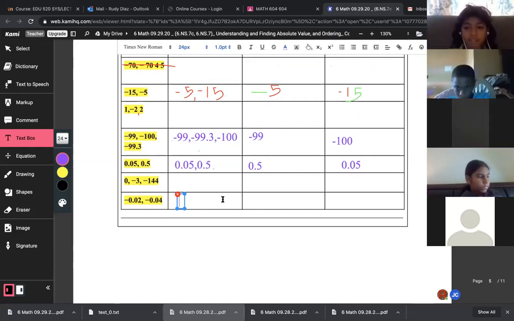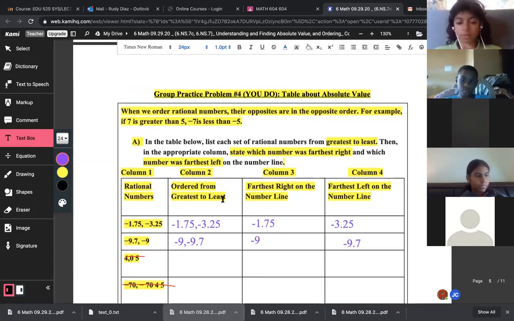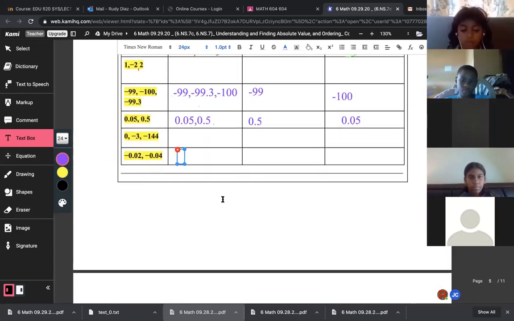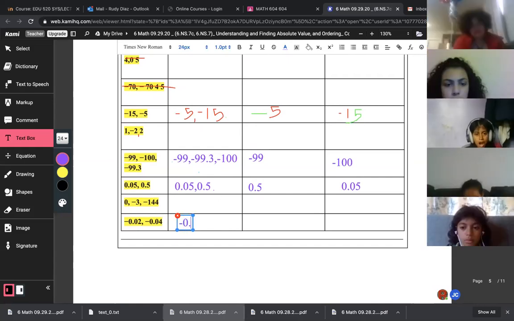Wait, is it like the other ones, right? We're doing, yeah, so it goes greatest to the 0, to the one that was farthest, right? Right. Yep. So it goes negative 0.02. Yep. And then the next one is what?